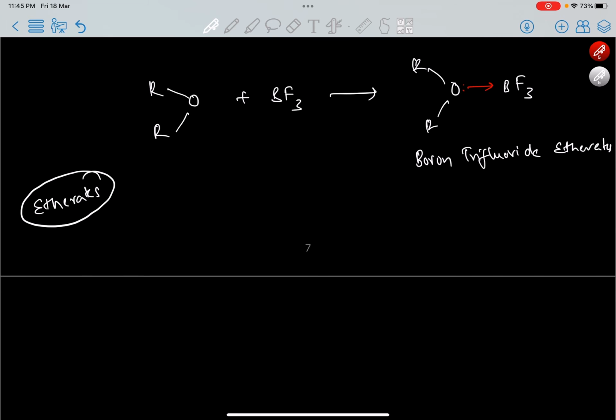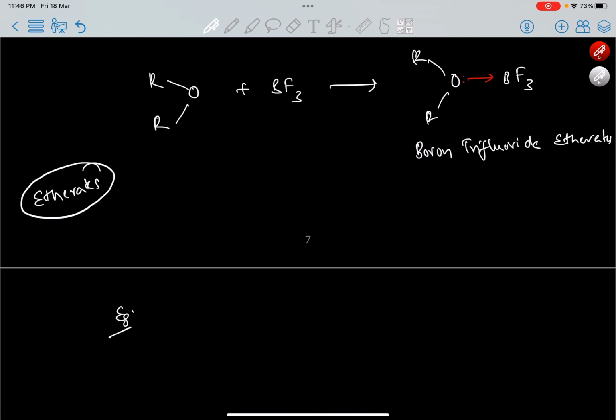So if we see one practical example, with Grignard reagent. Suppose we have 2 R2O ether. When it combines with RMgX, that is Grignard reagent, we have the formation of again a complex. So RMgX, and here these ether groups are associated through coordinate bond.